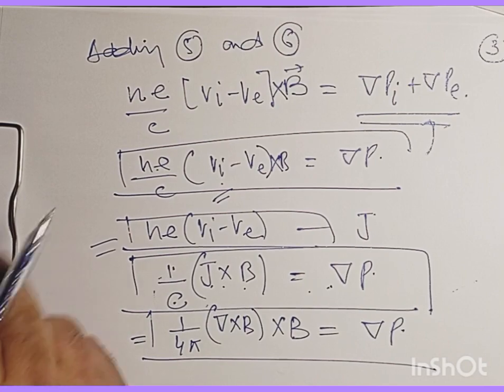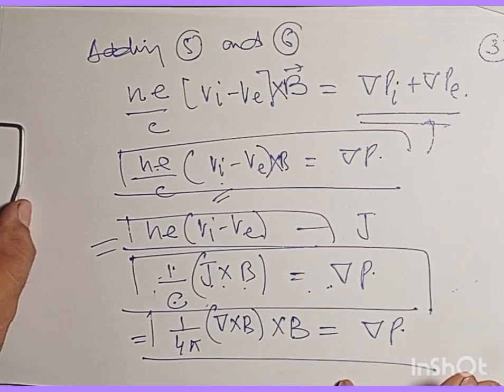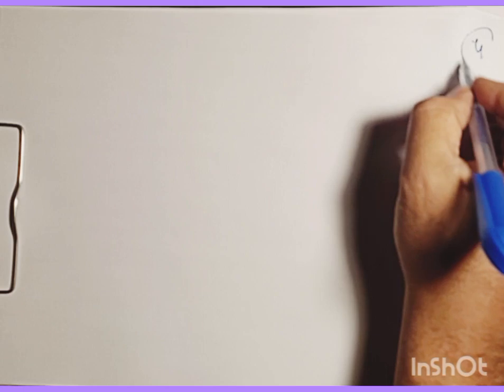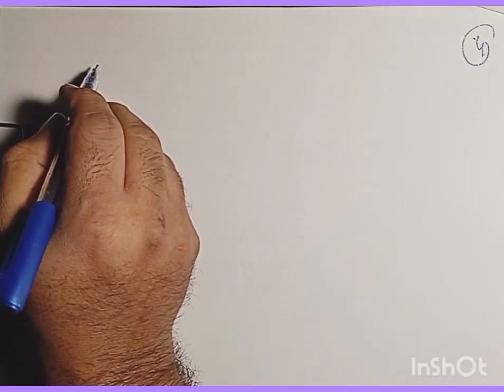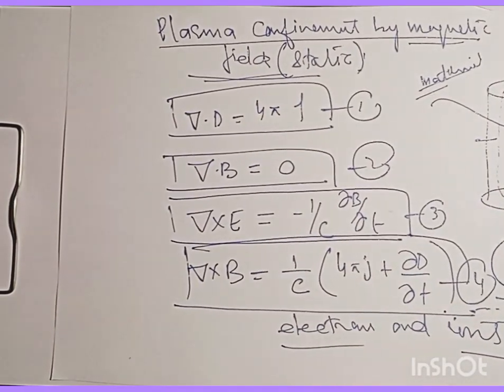Okay, so now what we have is A cross B cross C, and everybody is aware of those vector formulae, and we can use the one. So what we'll get is, maybe, did I do something wrong? No, it's okay. Yeah, J by c is, yes, it's 1 by 4 pi.